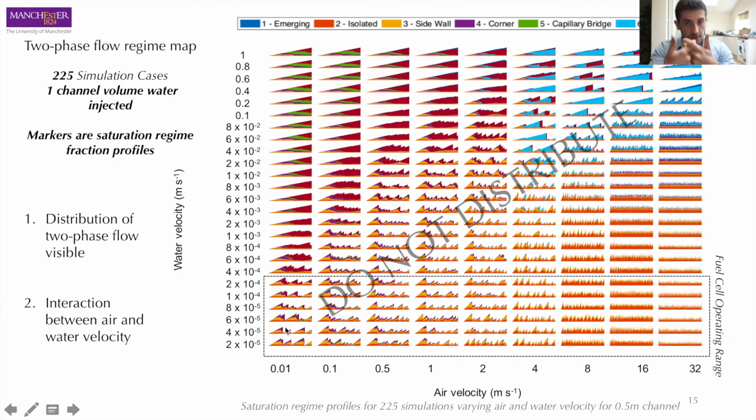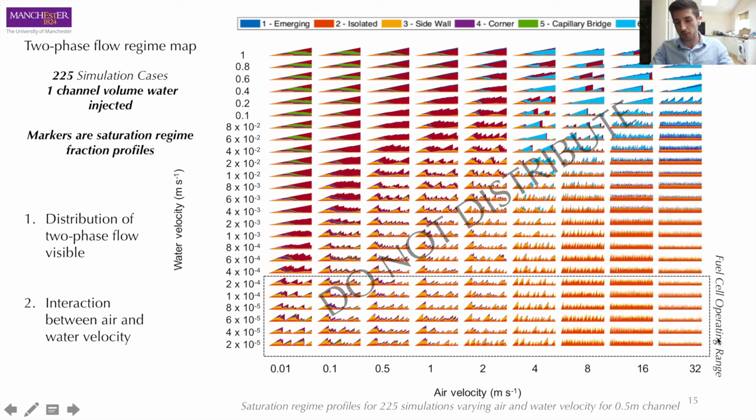So what I can do with this simulation, because it's very fast, is we can generate a two-phase flow regime map where I completed 225 simulation cases where the markers show the results of the saturation regime profiles for each individual operating condition. So we vary the water velocity on the left and the air velocity on the bottom.